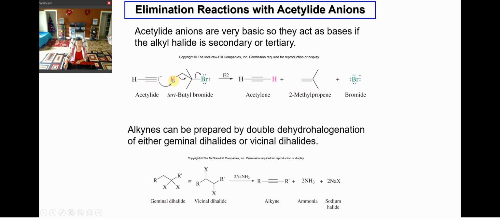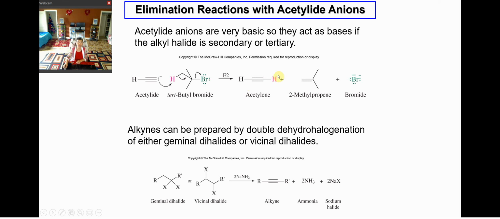So what happened? This hydrogen is going to be attracted by the carbon from your acetylide. You produce acetylene, and then you remove HBr, you remove this Br, and technically speaking, you produce a propene.